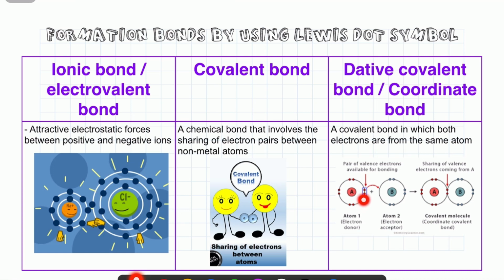For the example here, atom A has more electrons, while B is lacking electrons.